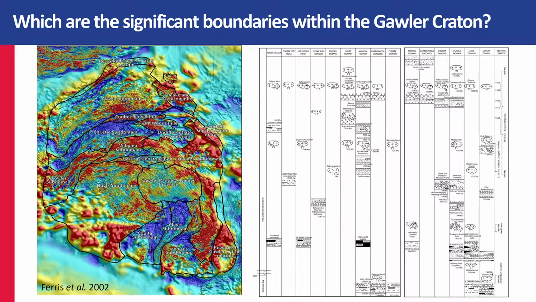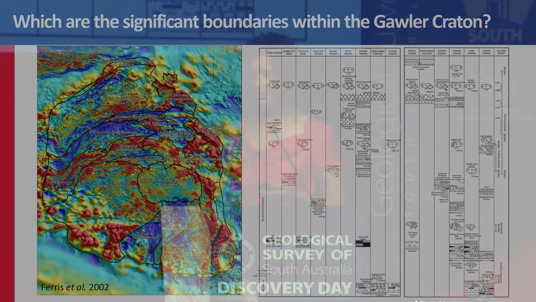But you can see in the time-space plot that a lot of these domains actually share a common geology. So my question is, how significant are these boundaries? Are these distinctions that just exist within the upper crust, or are these boundaries that also reflect differences in the mid-crust and lower crust?